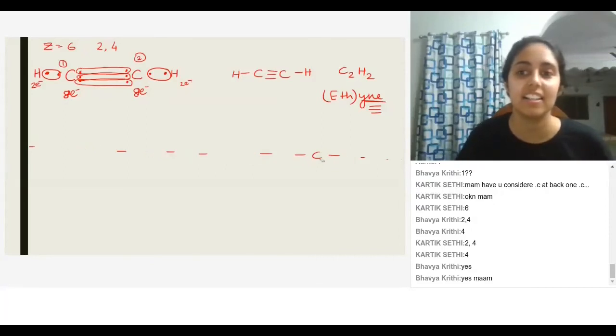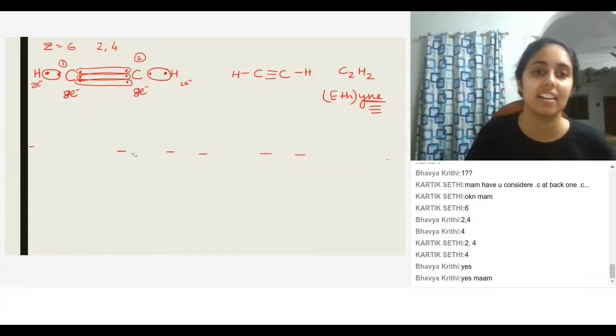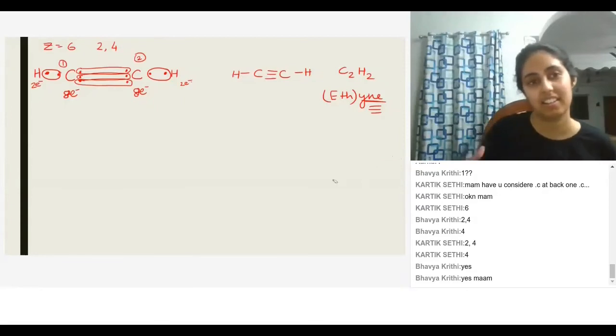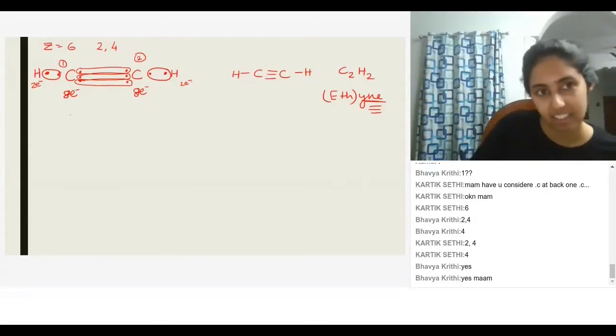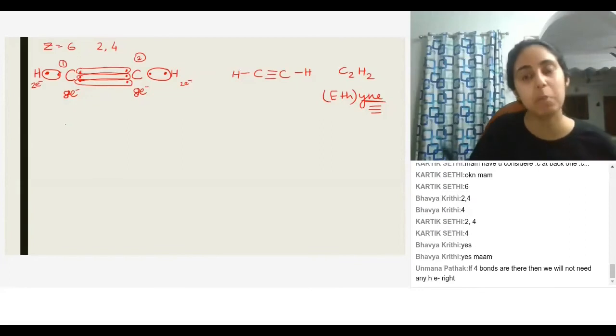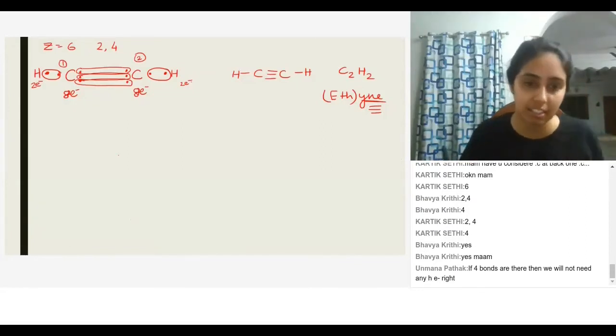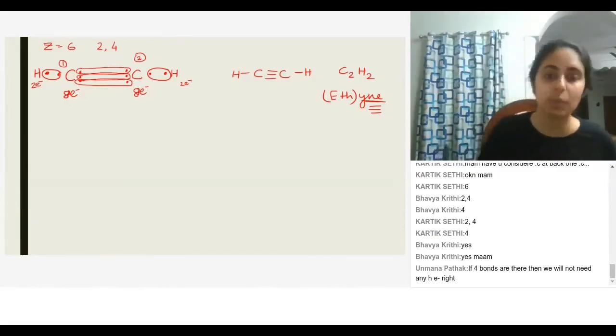Ma'am, between the two carbons here, when you represented it after you formed the bond, these two lines represent the bond, right? Yes, those represent the bond. And between hydrogen and carbon also, it's a bar which represents the bond. Yes, that is also, yes, Unmana.